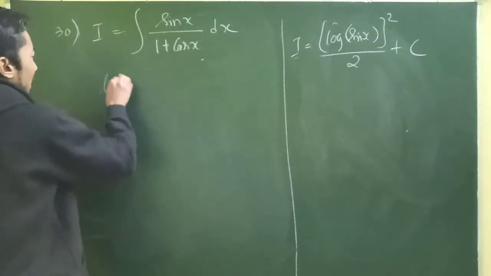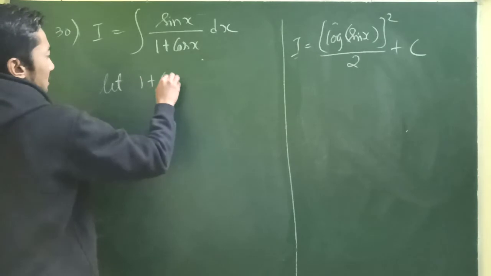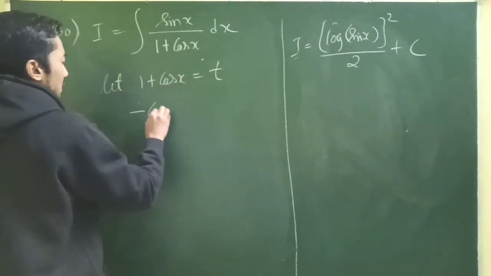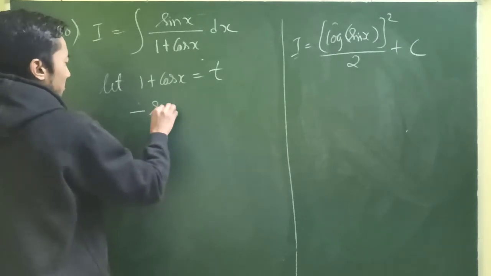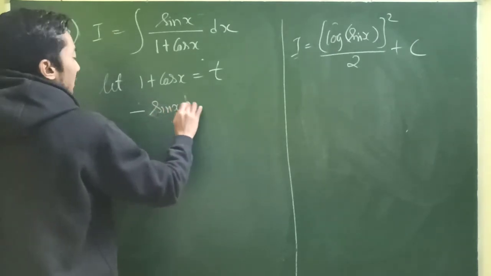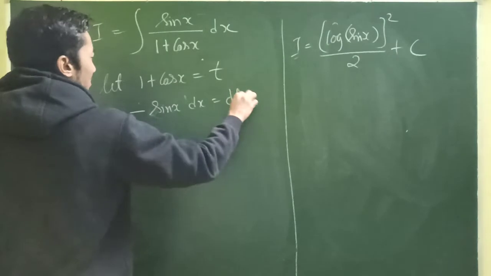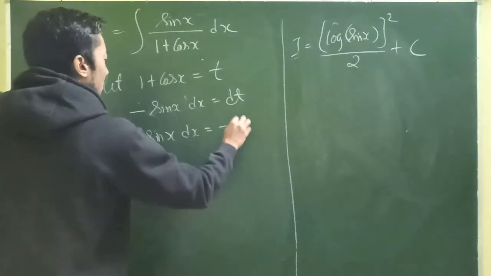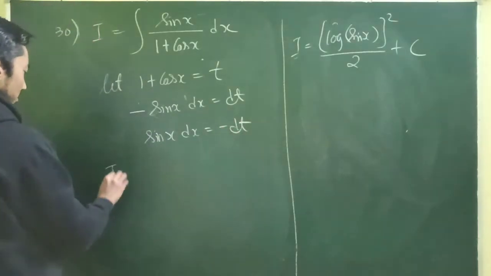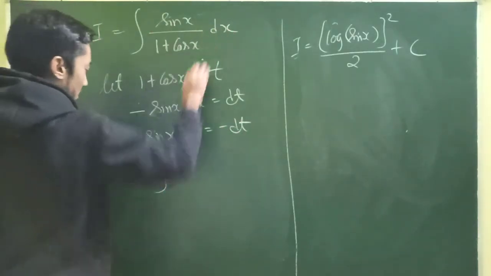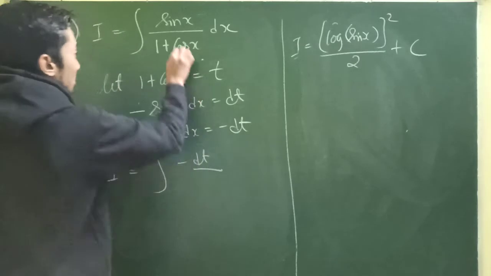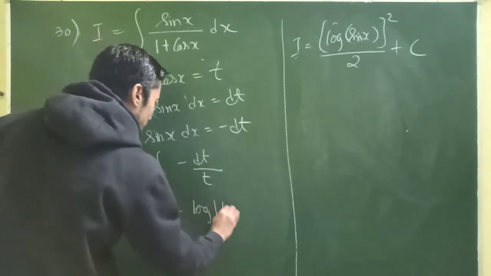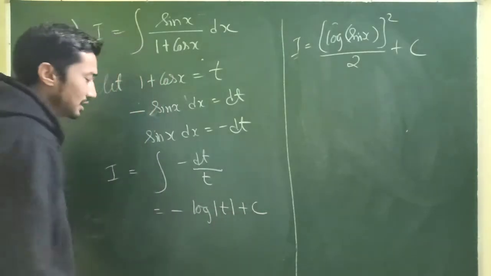See how simple it is. But yes, it becomes very simple with the concept of derivatives only. It's not that it just comes directly, okay, no. So then my integral simply becomes, this is minus dt, numerator is t, so that's minus log t plus c.